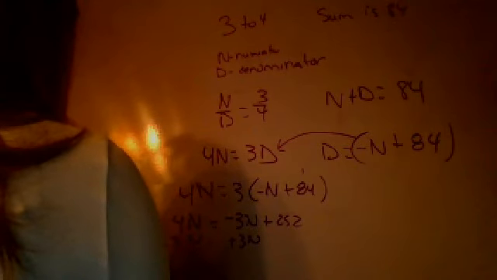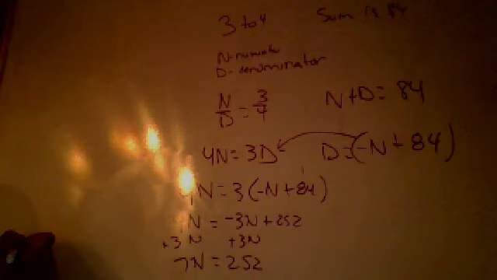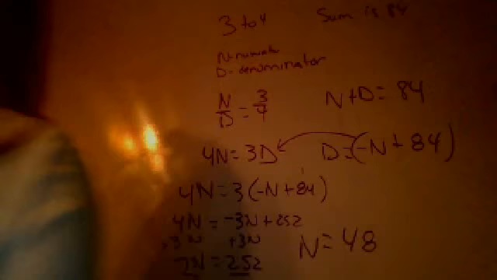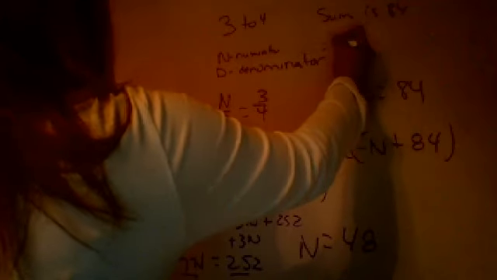I'm going to add 3n to both sides. I get 7n equals 252. I divide by 7, n is equal to 48.